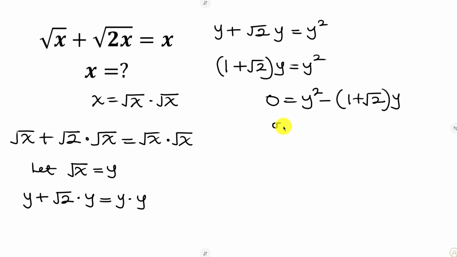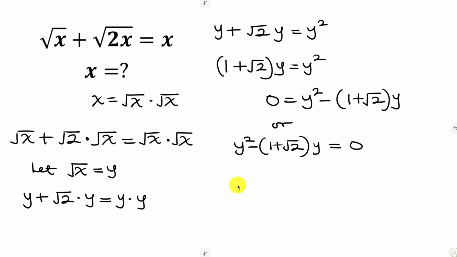Good. We can rewrite this expression to make it better. I'm going to be flipping the positions. So I have y squared minus 1 plus the square root of 2 times y equal to 0. Now also notice that on the left hand side, y is also common.